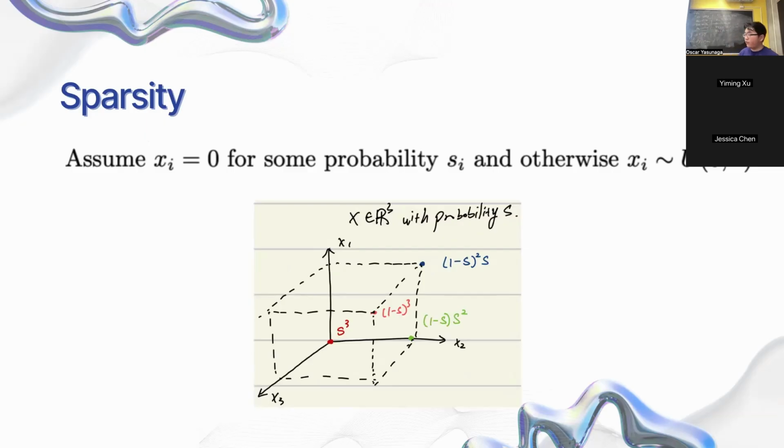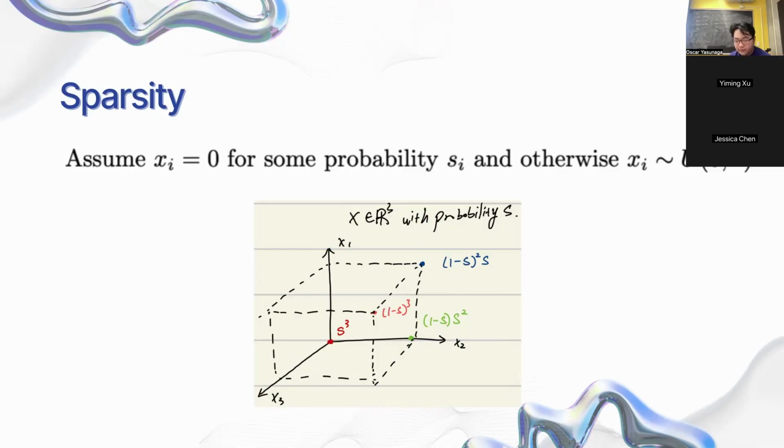This is just a geometric picture, in case this is a perspective that you might appreciate. This is a geometric picture of how you visualize the probability of these vectors. So if the vector x in R of 3 has all zeros, that would be a probability of s cubed.